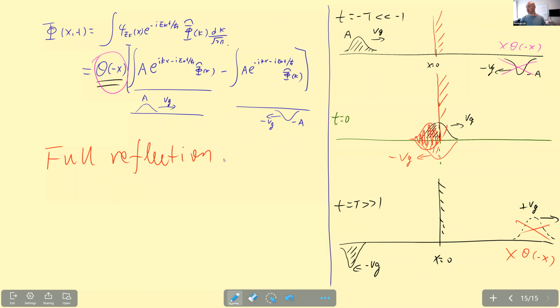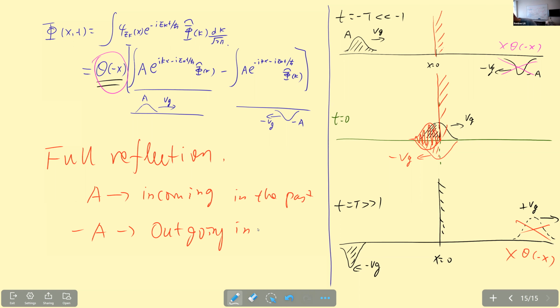Because you have A incoming from left to right, minus A is the outgoing. This is in the past, this is in the future. So it's an evolving wave packet.